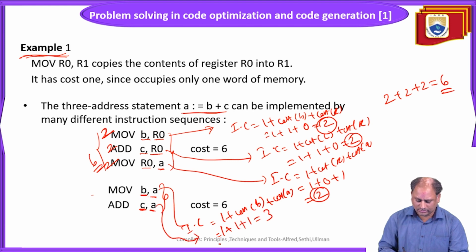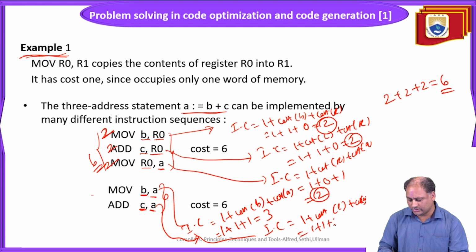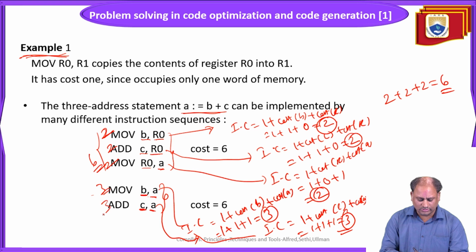Similarly, instruction cost equals 1 plus the cost of C plus the cost of A. Now 1 plus 1 plus 1, that is equal to 3. So 3 plus 3, that is also 6.